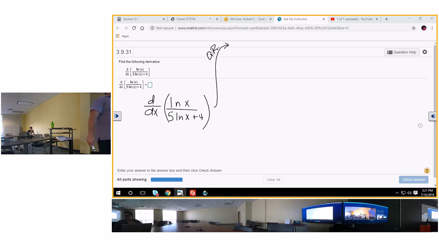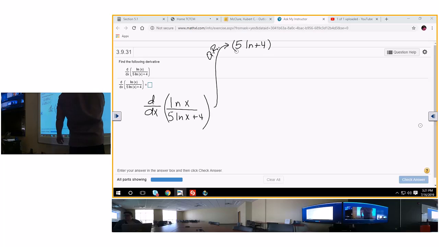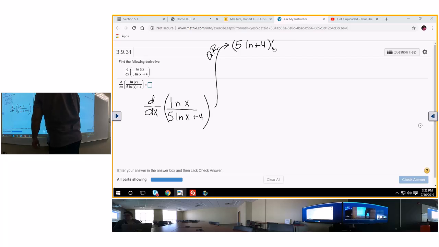So that's going to give us 5 natural log plus 4, denominator, times numerator prime.